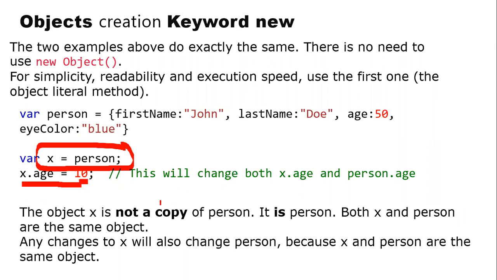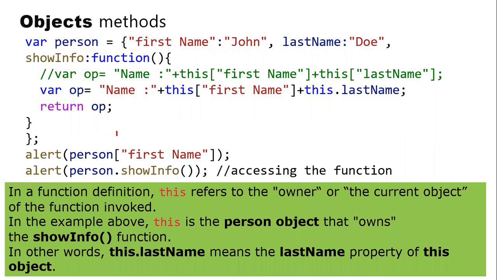Then remember, automatically it's going to make the changes to both the person variable as well as the x variable. Why is it so? Because references are going to be created, but a new copy of the object is not going to be created. Instead, both variables will be pointing to, or referring to, the same data. So any changes that you make here will be reflected for both the objects, right? That has to be remembered by you.